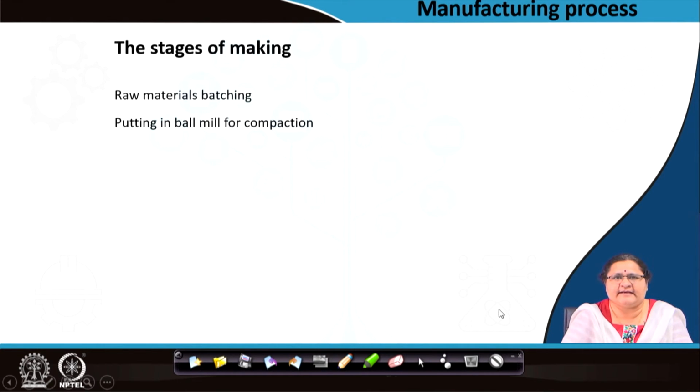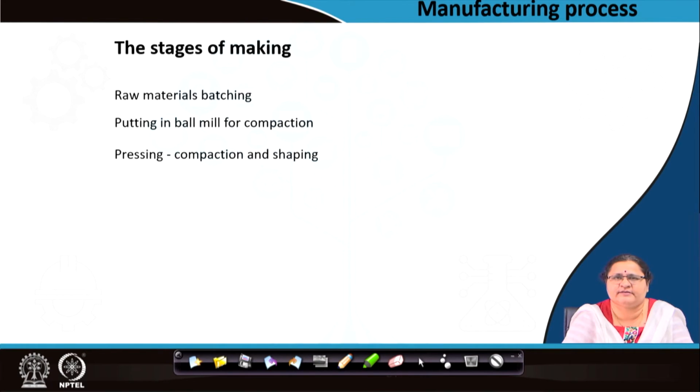Once that is done, you put it into the molds where it is pressed with the help of a hydraulic press, which leads to compaction of the material. So, these tiles are compacted to the maximum possible. The ceramic tiles are compacted to a certain extent, vitrified tiles are further compacted by hydraulic press.